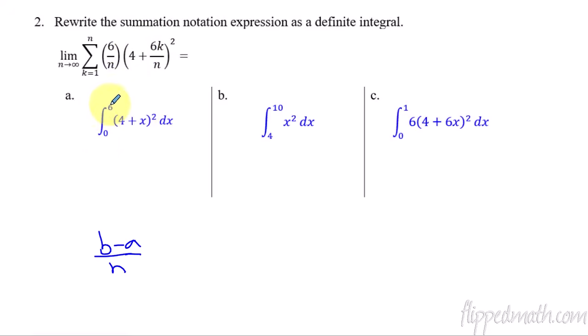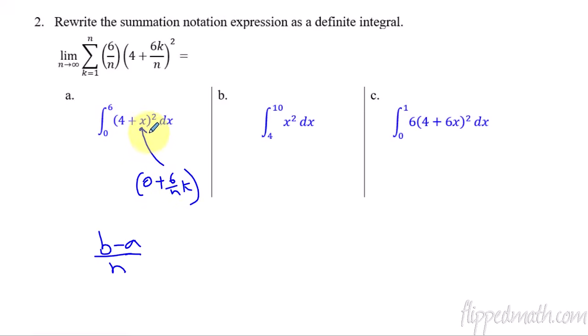You'd have 0 to 6 for the 6 over n. And then here you'd say 4 plus, and then your x is 0 plus 6n k. That is your x right there, if we follow the a plus b minus a over n.